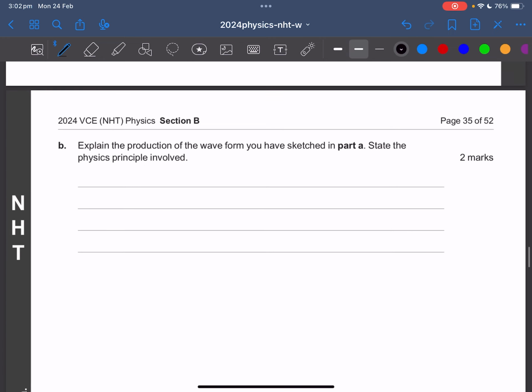Explain the production of the waveform you have just sketched in part A. State the physics principle involved.